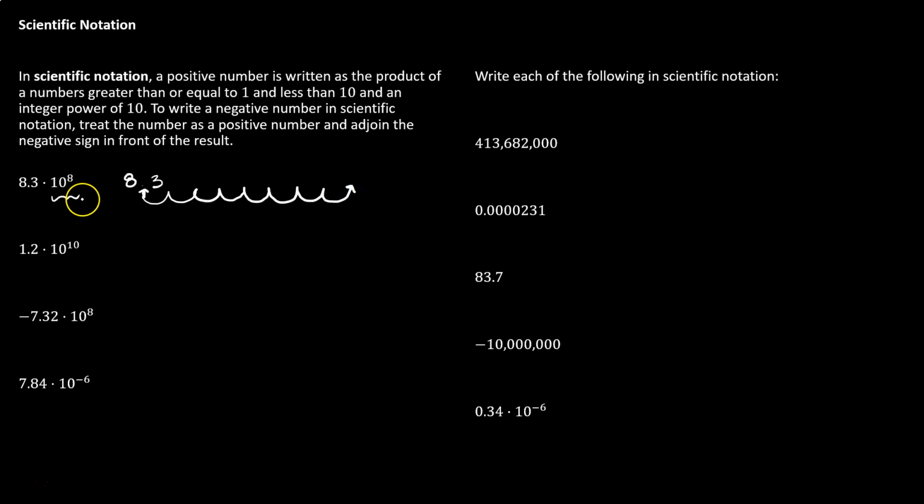And because that's a positive number, I'm moving the decimal to the right so that my 8.3 grows into a much larger number. In fact, it grows into 830 million. So numbers like that are so large that we don't want to do math on 830 million, we write in scientific notation so it's more manageable.